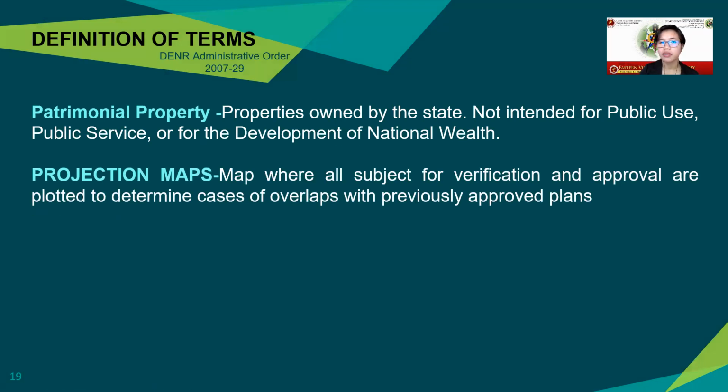See, projection maps. These are maps where all subject for verification and approval are plotted to determine cases of overlaps with previously approved plan. So si projection maps is makikita natin hiyang tilang HDNR. So once ang GE mag-conduct ng survey, tapos niya mag-conduct ng survey, magdo-drawing niya maps after papa-approve niya HDNR.